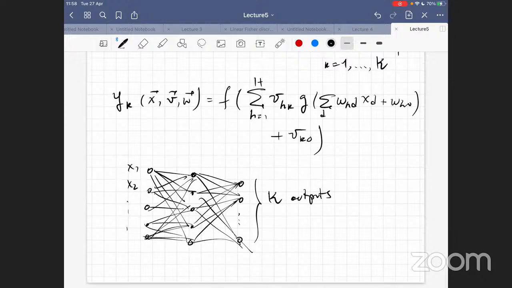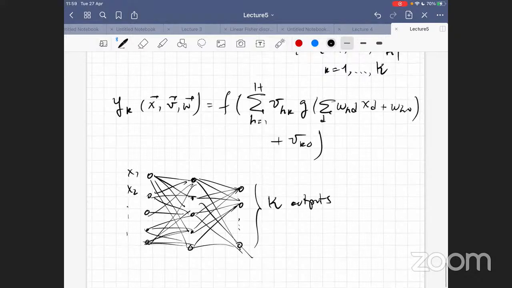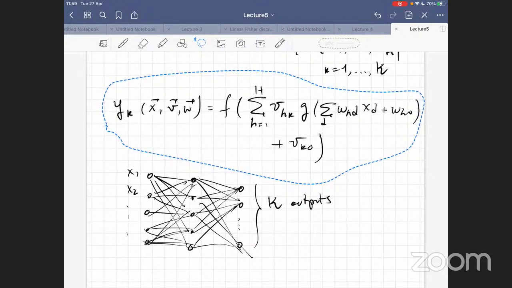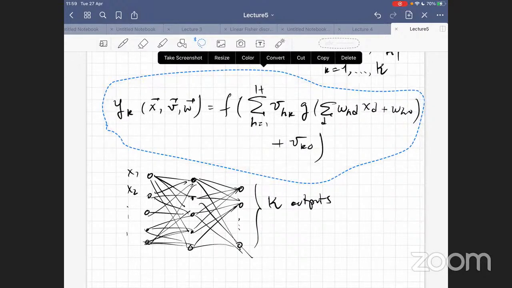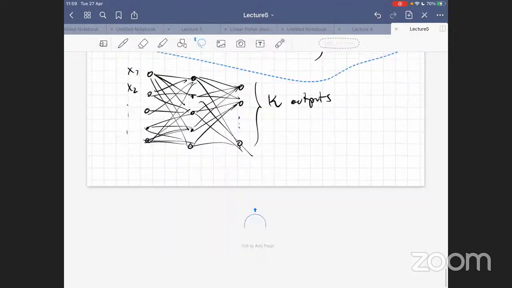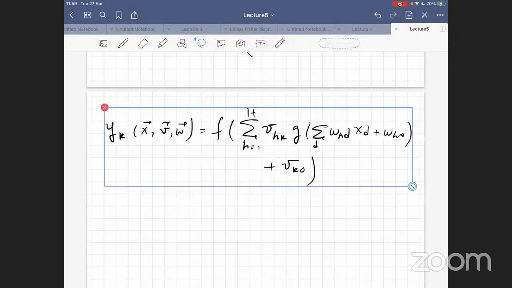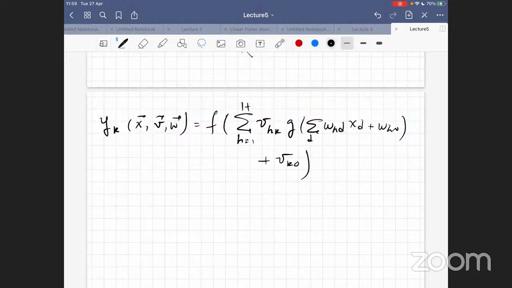So let me introduce now some matrices just to try to write this in more compact notation. A matrix Y, which is the matrix of all the outputs.